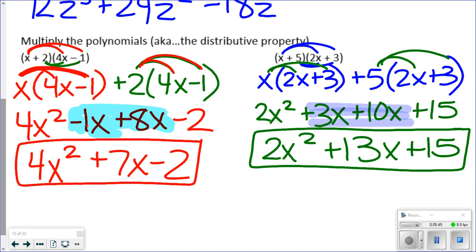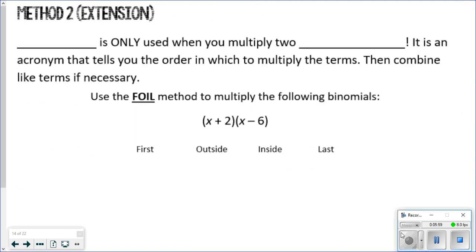So this is called the distributive property. But I am going to take us to the notes. And we are going to talk about something in regards to the distributive property.